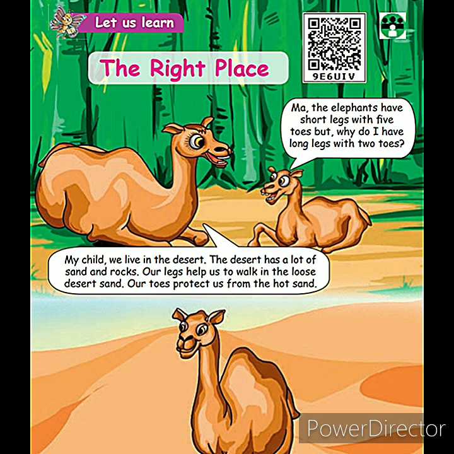The mother camel replied, we are living in the desert, and the desert has lots of sand and rocks, and to walk in this hot sand we need long legs and toes. These 2 toes help us to protect ourselves from the hot sand. That's why we have long legs and 2 toes. Now let us go to the next page.